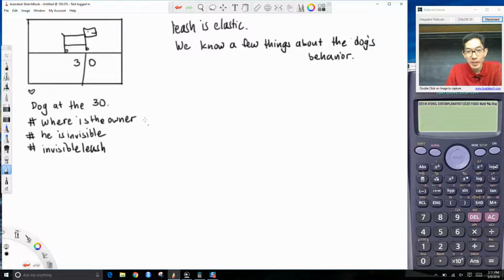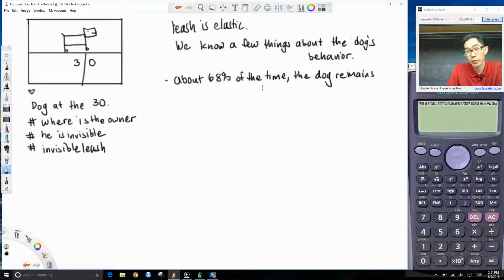So about 68% of the time, the dog remains within 1 yard of the owner.